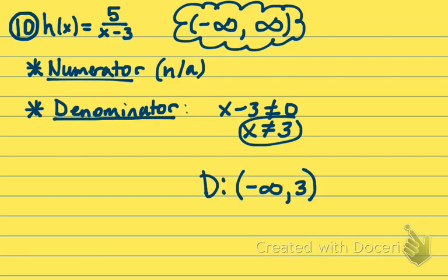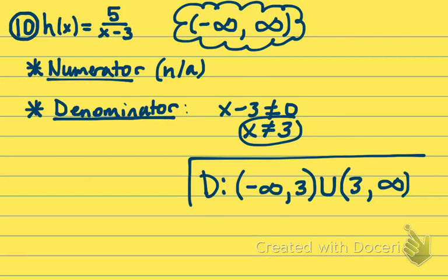And then when your domain is in multiple pieces, you put capital U. And so then you pick back up on the other side of 3 by putting another parenthesis again, we're still excluding the 3, and then it goes to infinity, and that is our domain. So we are finished with the analytic approach to determining this domain.